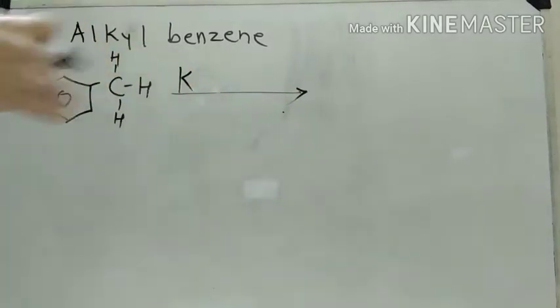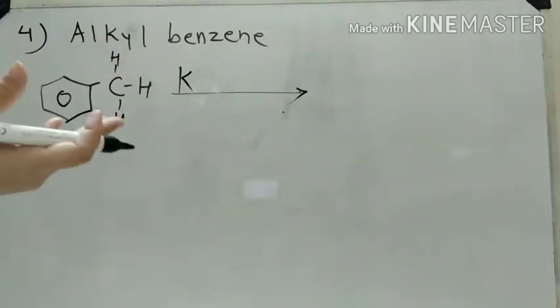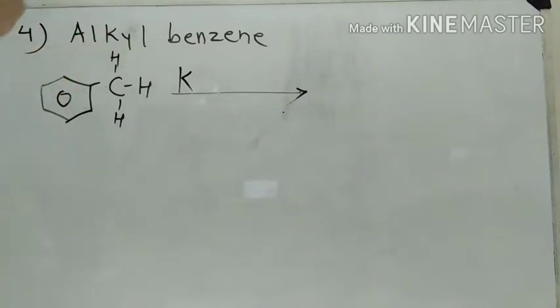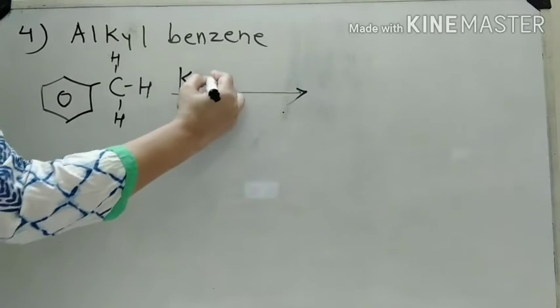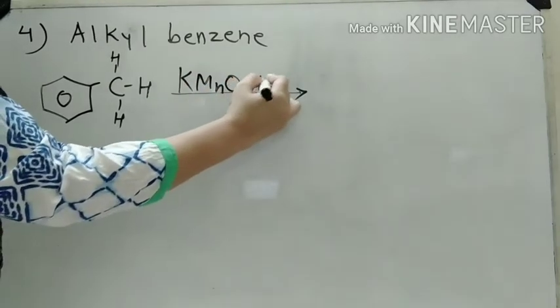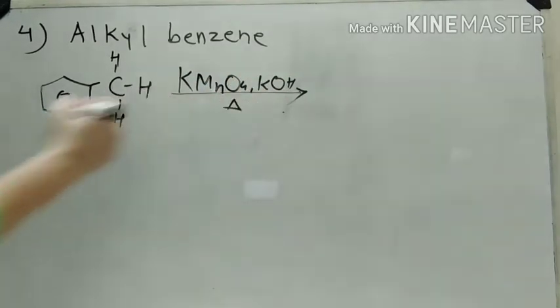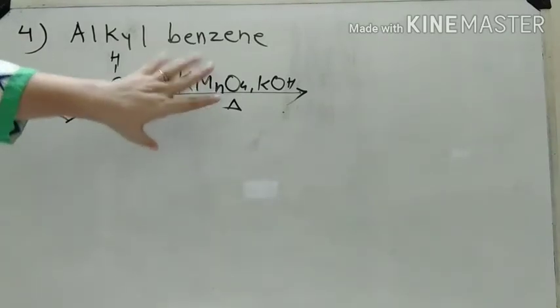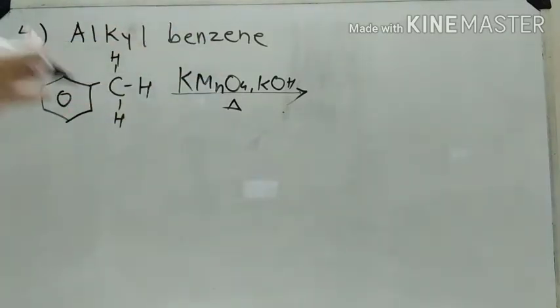There are so many oxidizing agents we have done: KMnO4, K2Cr2O7, CrO3. Out of these oxidizing agents, we have to take KMnO4 and KOH, unheated. Then the oxygen is supplied from the KMnO4.